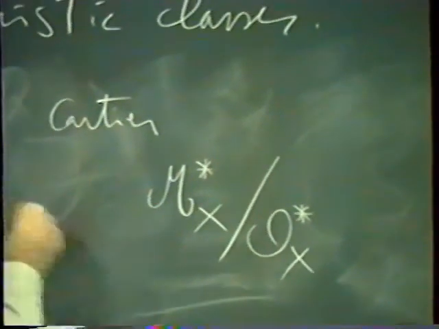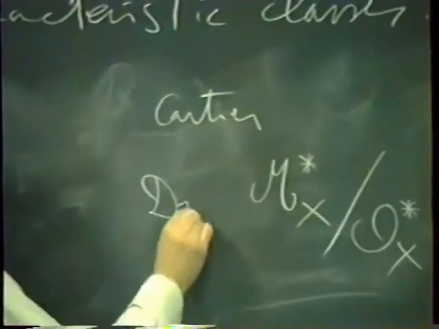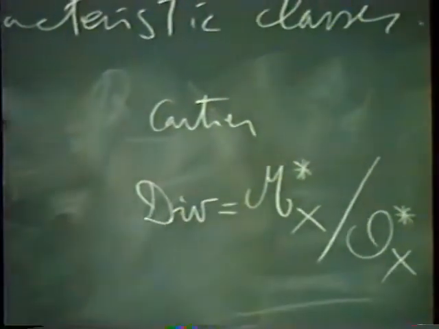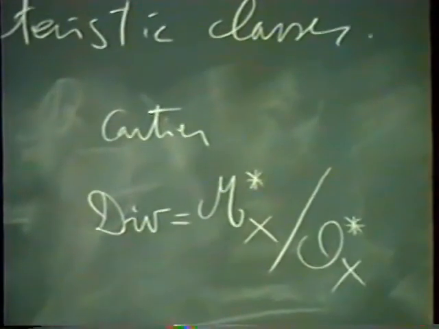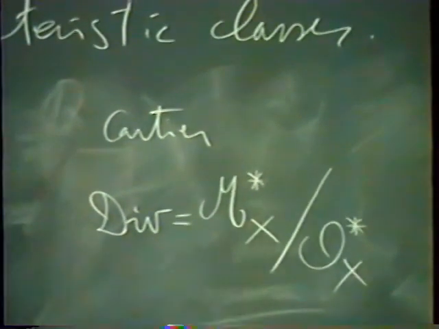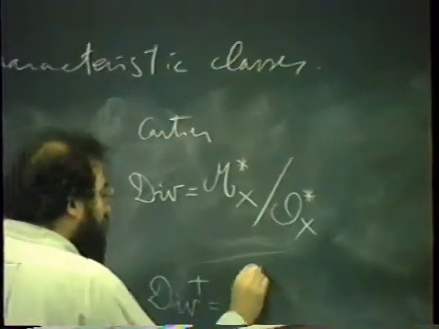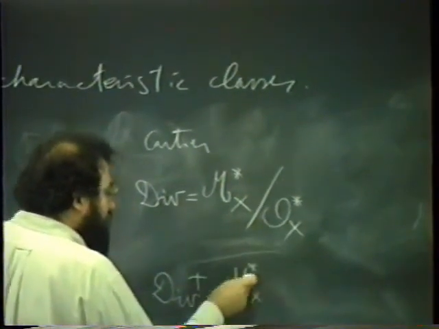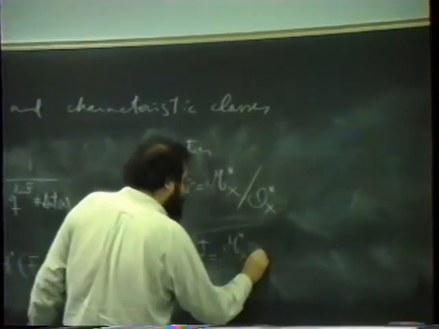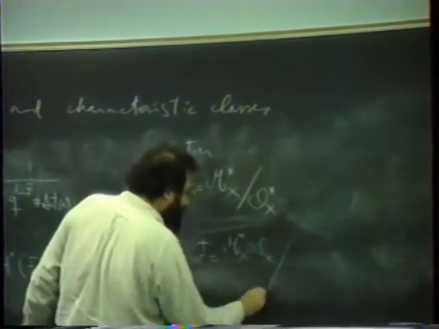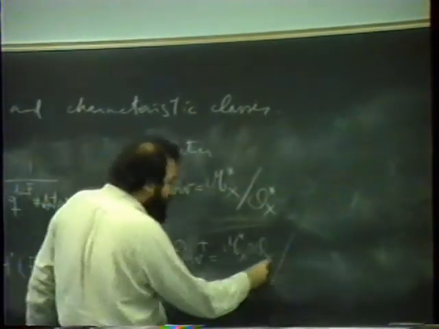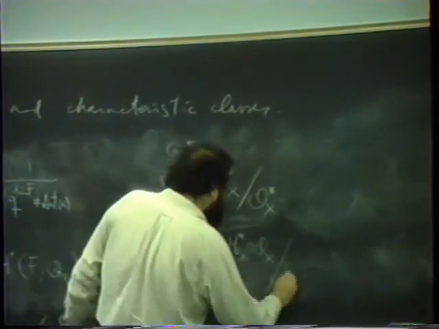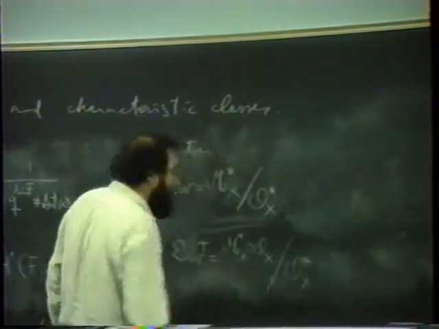And effective Cartier divisors: you look at the intersection of the units in M with OX, this gives you a monoid, and you mod that out by OX star.